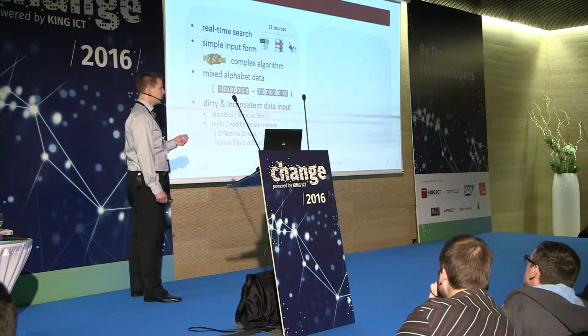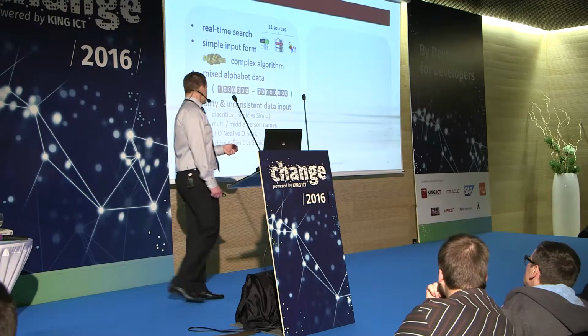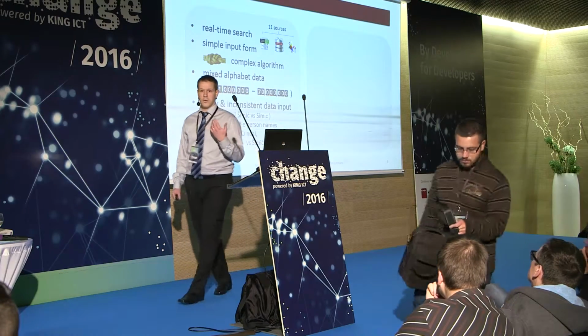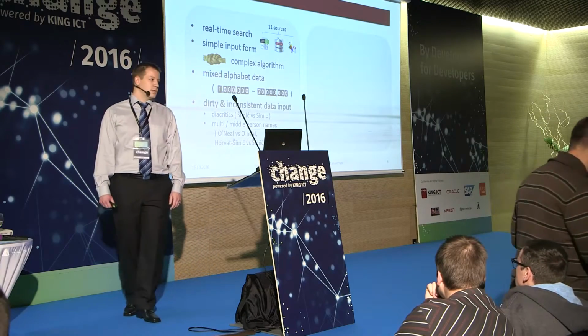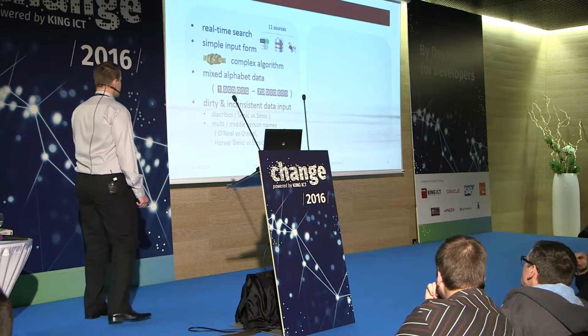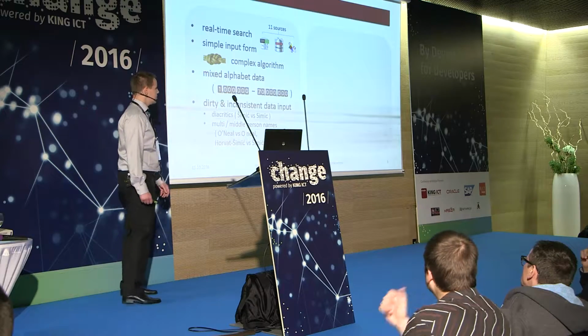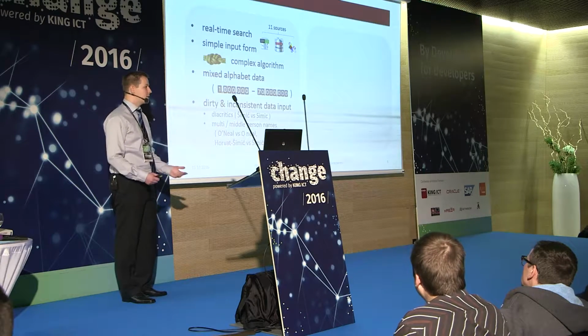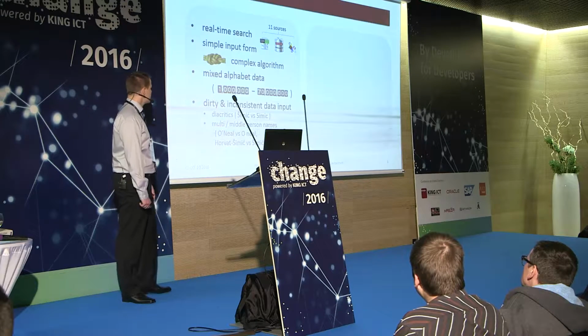We're also dealing with mixed alphabet data, various character sets, various characters, various languages, which is not that simple. Also, our data ranges from 1 million to 70 million rows, which places our application as medium-large.